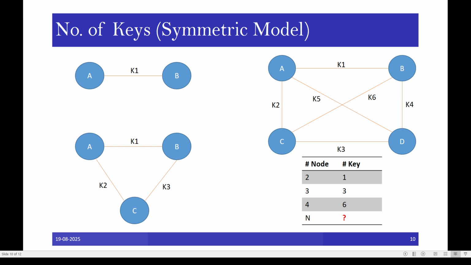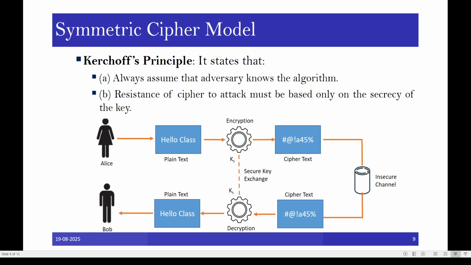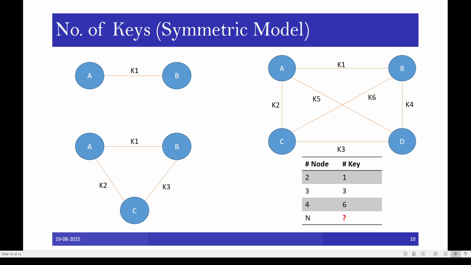Now coming to one of the questions: the number of keys that are used. Because we are talking about the symmetric key model, if we have two parties A and B, the number of keys required is 1, because both parties agree upon a single key.